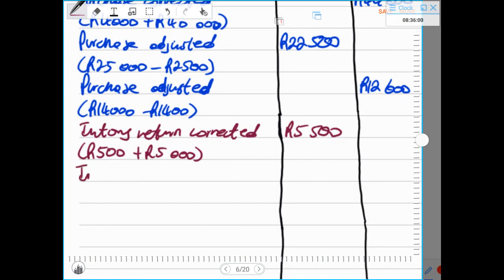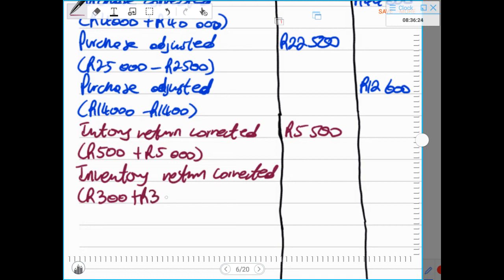So now we have our inventory return corrected, and our inventory return corrected will be recorded as 3,000 plus, or let me say 300, which is cancelling the first 300 which was on the wrong side, and recording the correct amount.